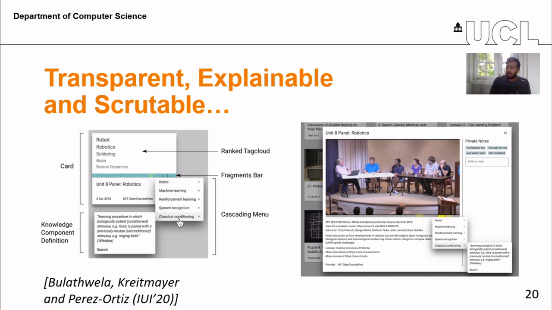For example, by looking at that part of the video, the user can understand that maybe reinforcement learning is not being mentioned in that part of the video. So the user has the opportunity to scrutinize the entity linking algorithm and correct it by saying this is a misclassification. And that provides additional data for the artificial intelligence system to get better.